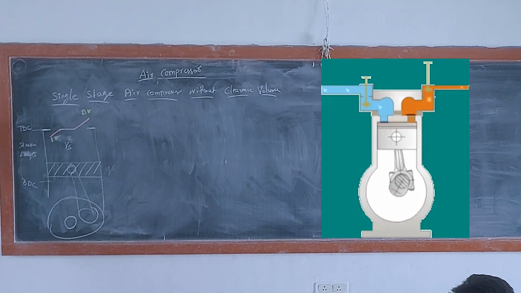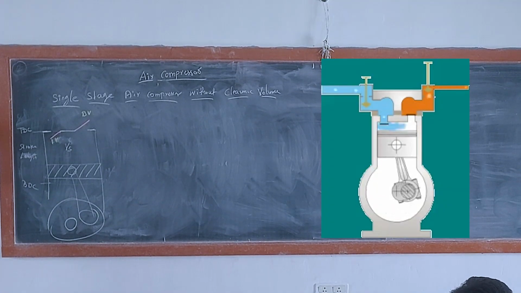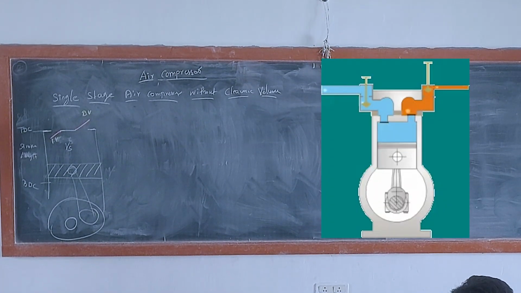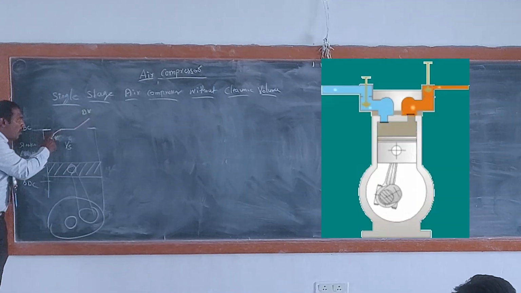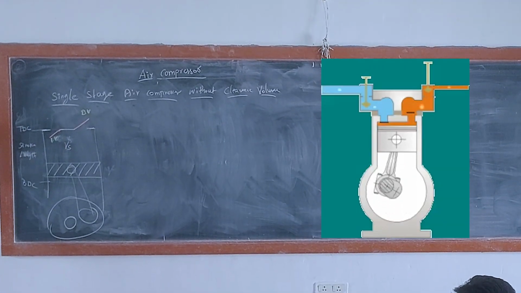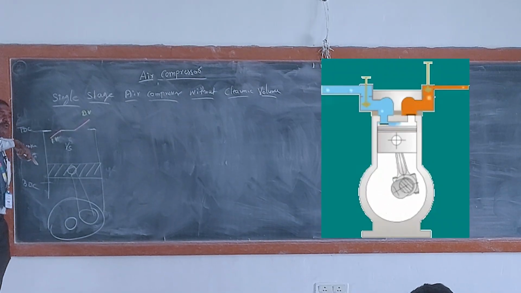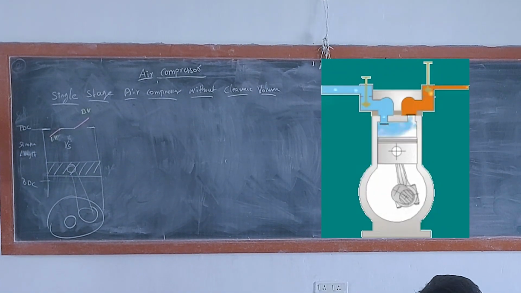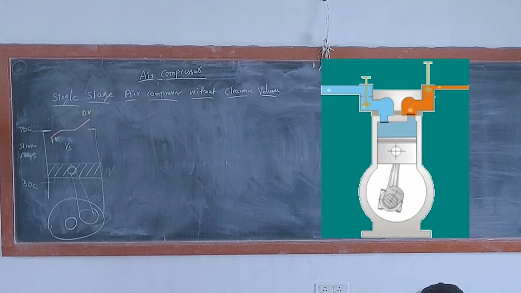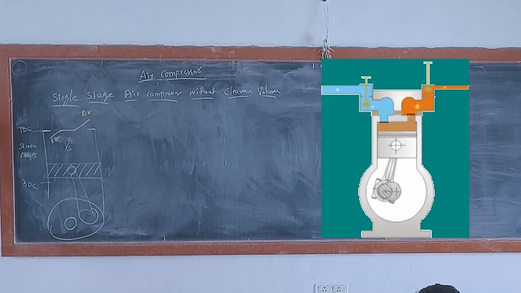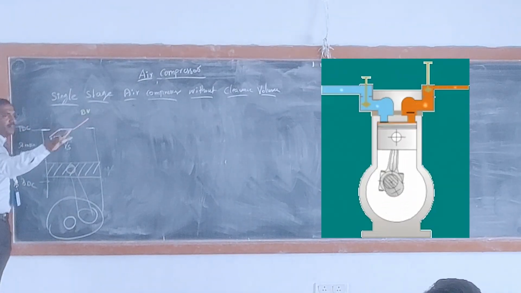Based on the pressure deviation, this valve opens and closes. Understood? But in IC we have seen how it works, based on the camshaft. Here we don't have a camshaft. We have only spring-loaded valves.